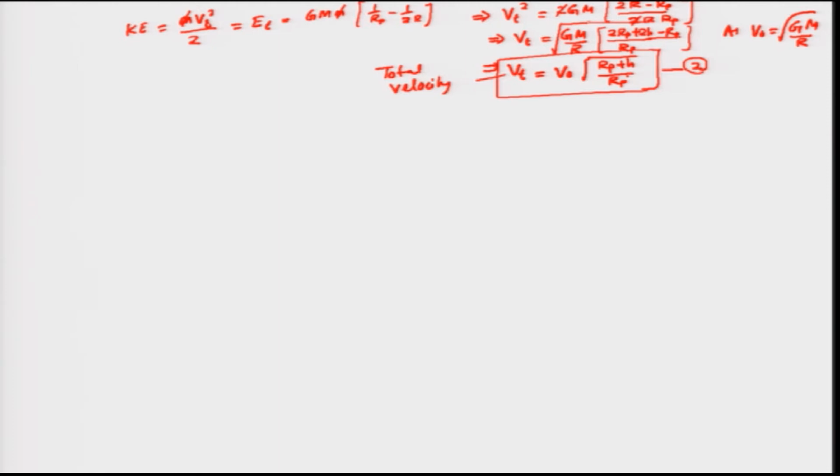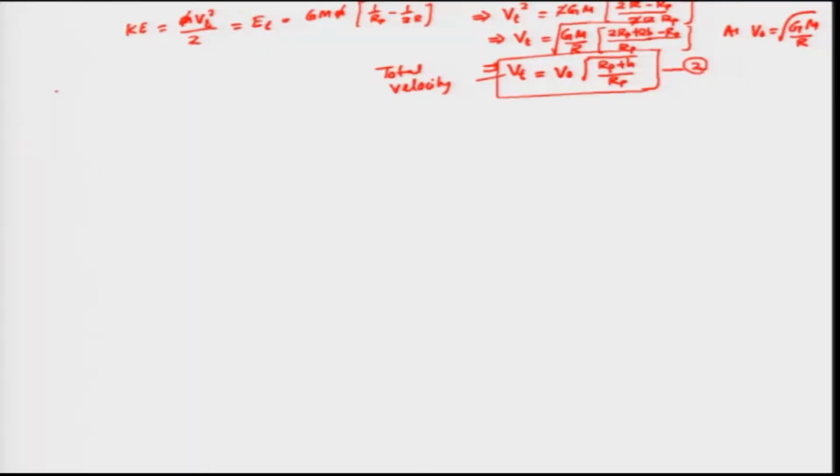So, we will look at what this terminal velocity is required, and also, as we know, in the low earth orbit, if the satellite is placed at 185 kilometer from the surface of the earth, it is considered to be stable.